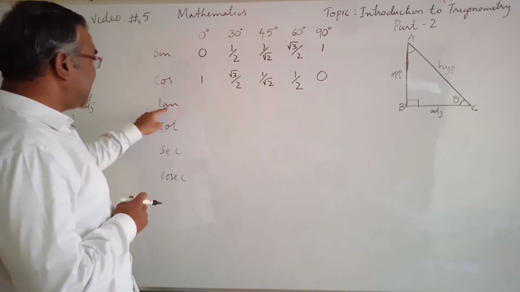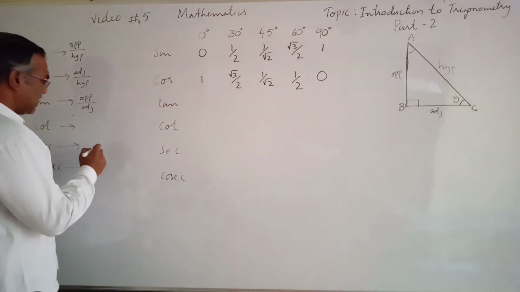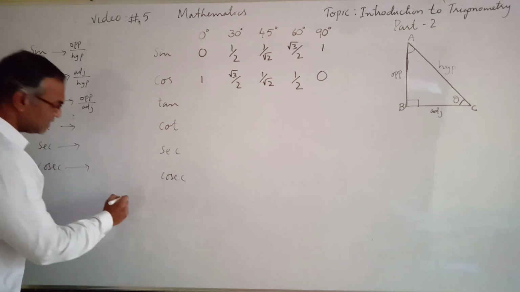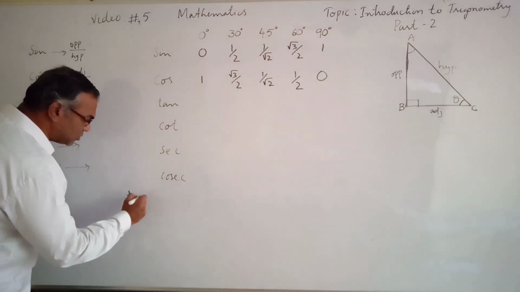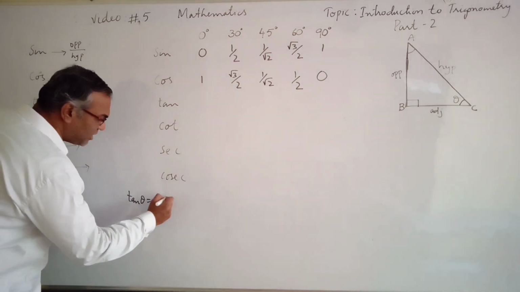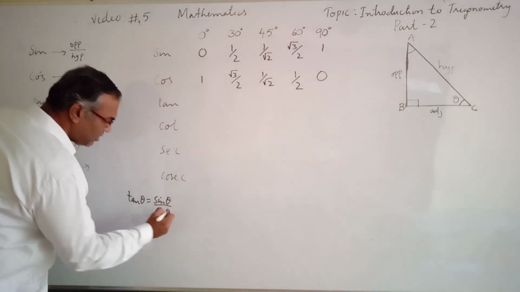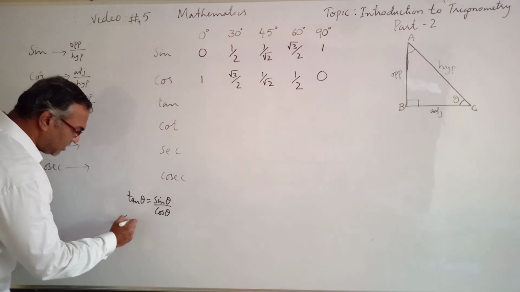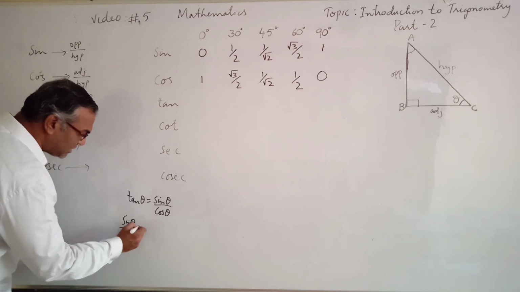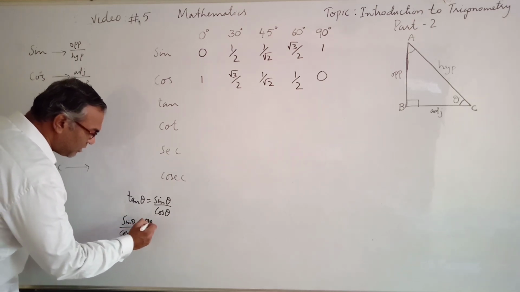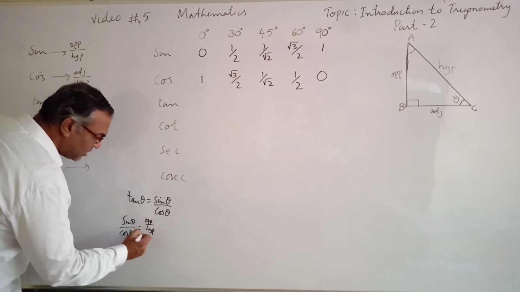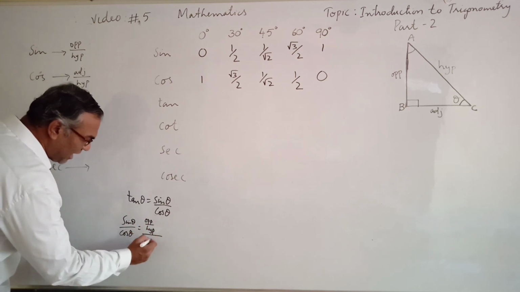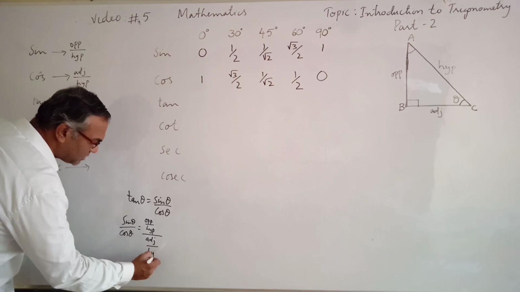Remember that tan theta is equal to sine theta divided by cos theta. Now question comes, why? See here, sine theta divided by cos theta. We know that sine is opposite divided by hypotenuse, and cos is adjacent divided by hypotenuse.